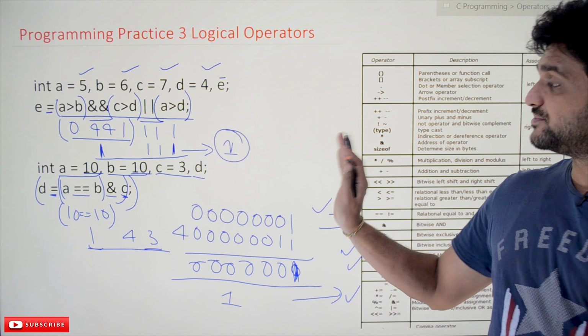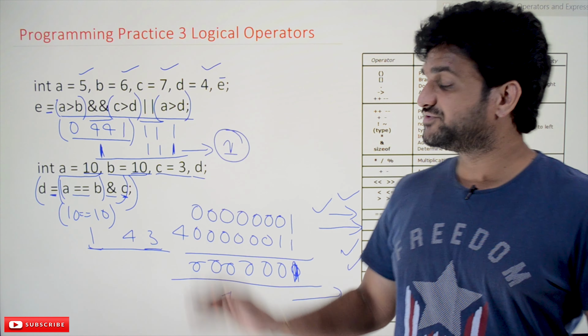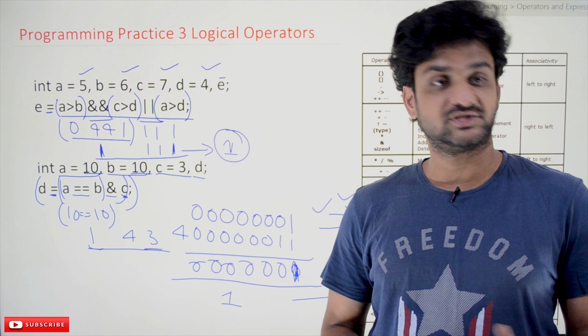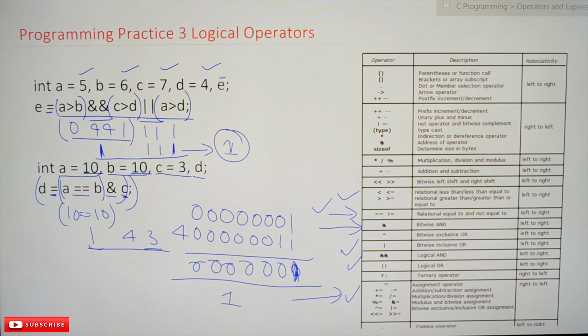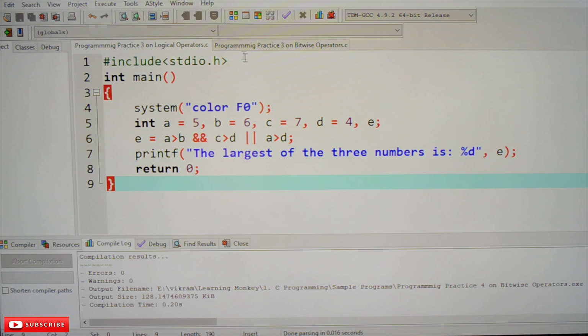So these are some of the problems on logical and bitwise operators. Hope you got clarity on this concept. Let's check the output on the computer, to see whether it produces the same output or not. See here, this is our logical operator problem.